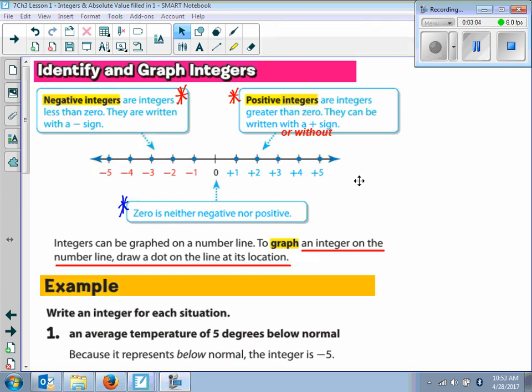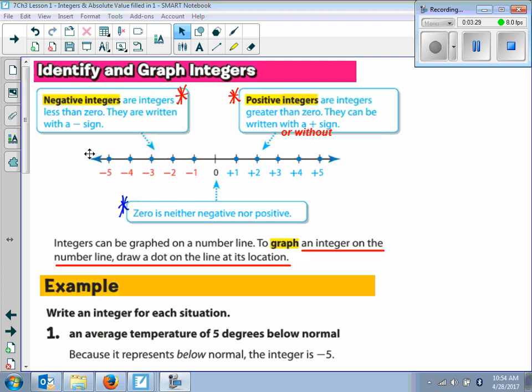So if we look at this number line here, you can see we've got all of the positives. See, there's +1, +2, +3, +4, and so forth. See the arrow right there? That indicates that it goes in the positive direction to infinity. Goes on forever. On the left-hand side of the number line, we have -1, -2, -3, -4, and so forth.